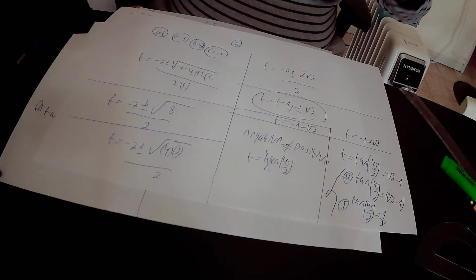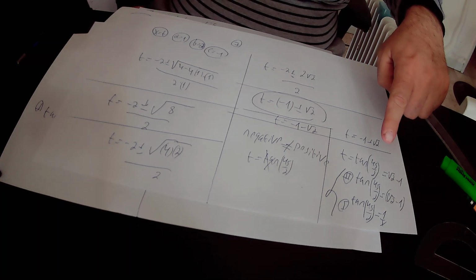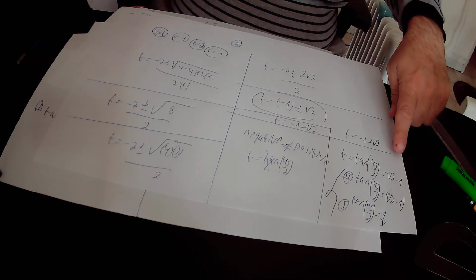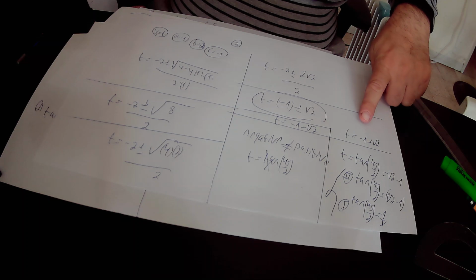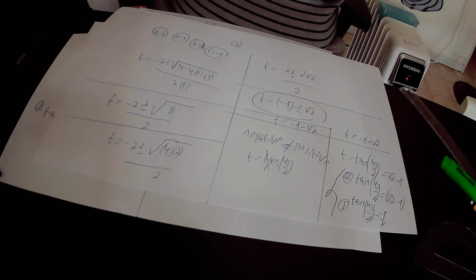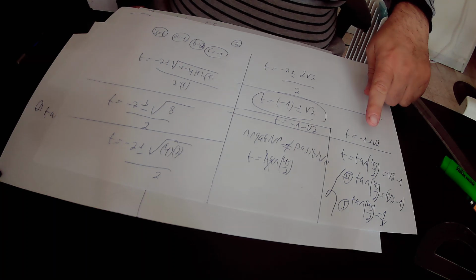And according to our definition, t equals tan of 45 over 2 degrees, so t is the square root of 2 minus 1. So we have here equation number 2.